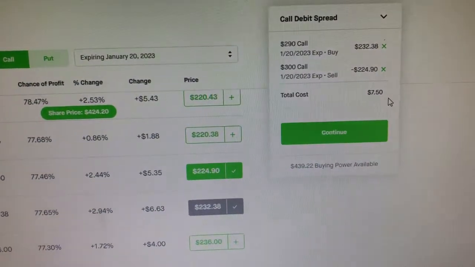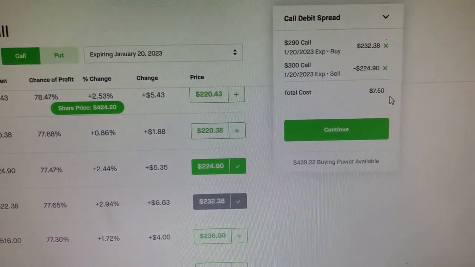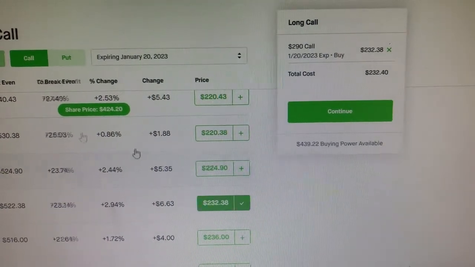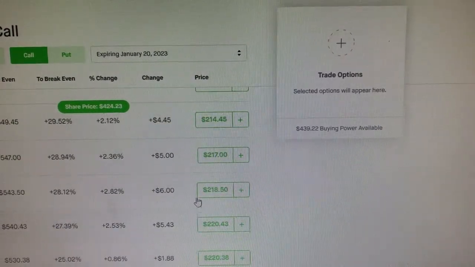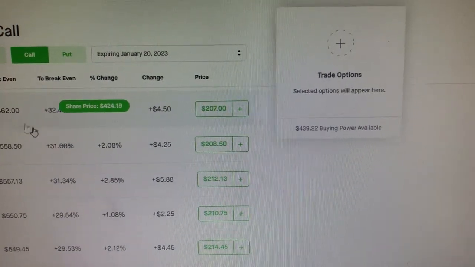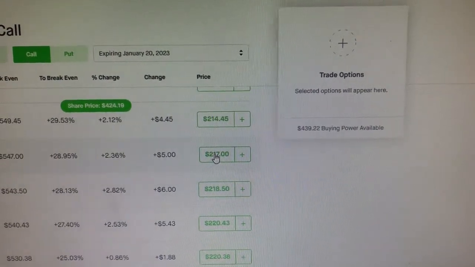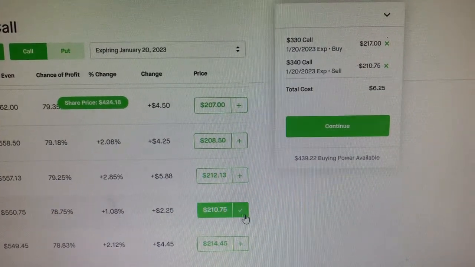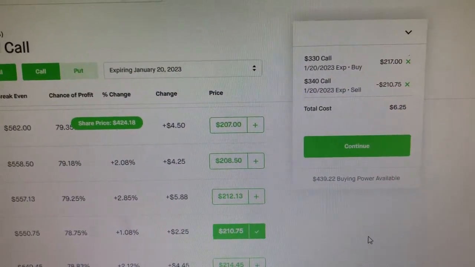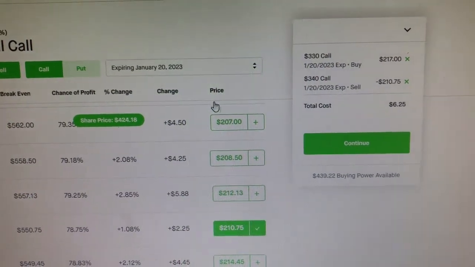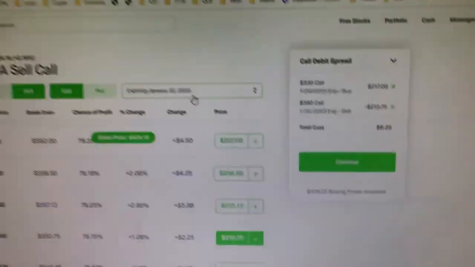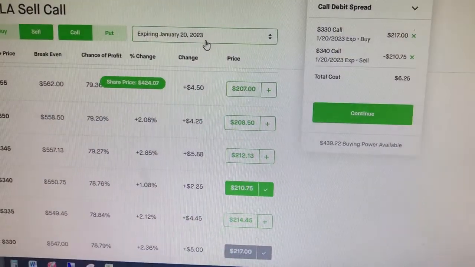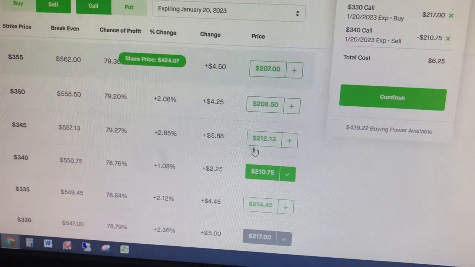So here you can get a very similar profit number. Well, here, let's just pick the exact same one so that you can see how it works apples to apples. So in this scenario, I'm going to do the exact same 330, and there you go. So it costs less to do this one. And whereas before Tesla had 2 months to achieve the goal, this gives you 3 years to achieve the goal.